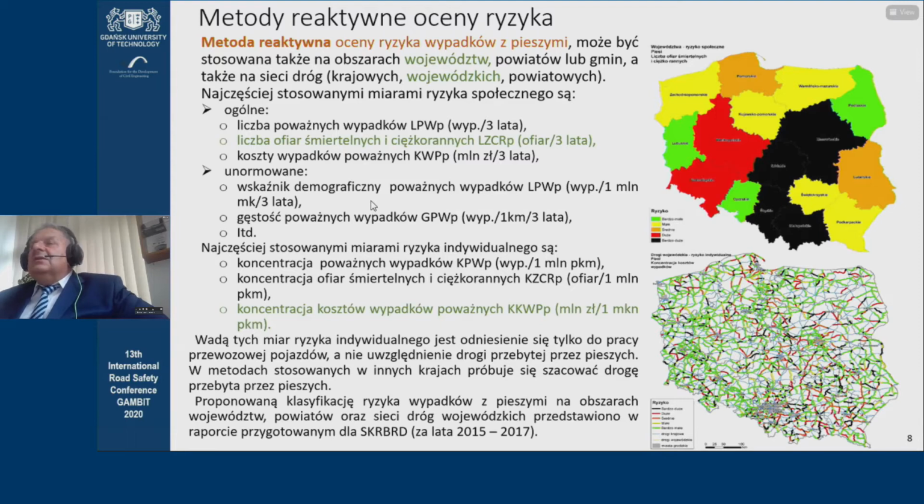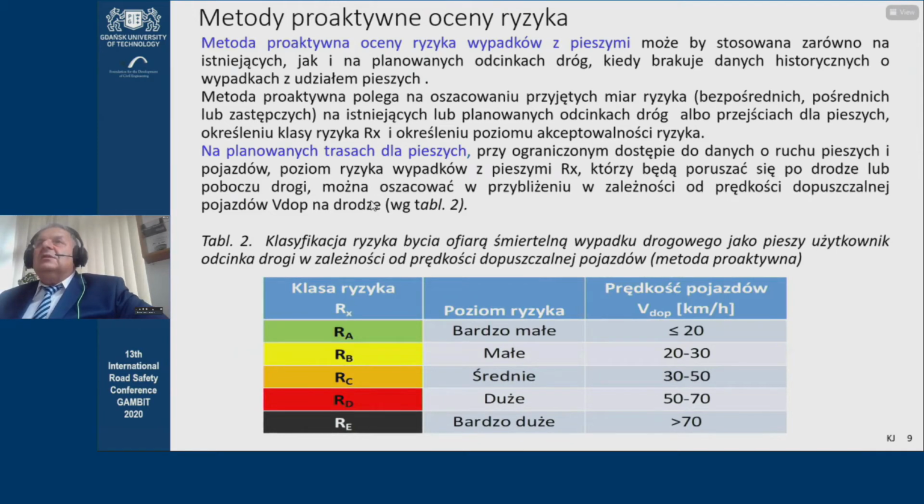And those black sections, these are high-risk sections, but this is individual risk. What is the risk I'm exposed to when I use these roads? And that's the risk of death or injury. Proactive methods build on other information. It's not just accidents, it's also speed or traffic volume.